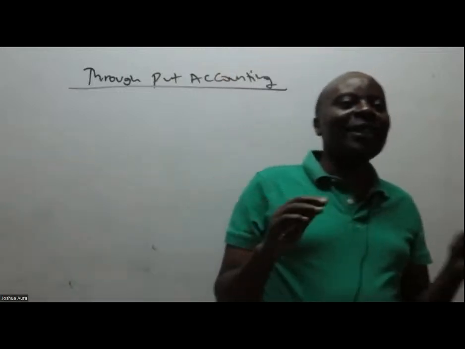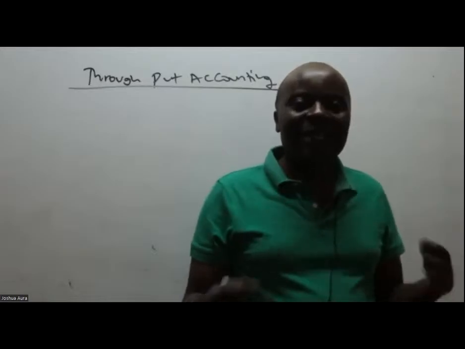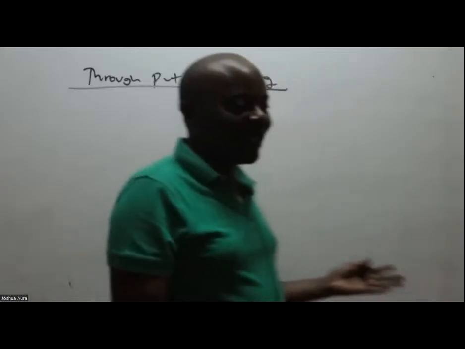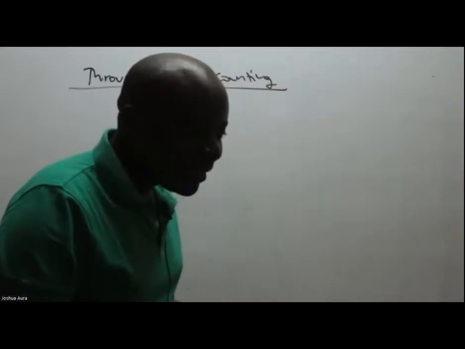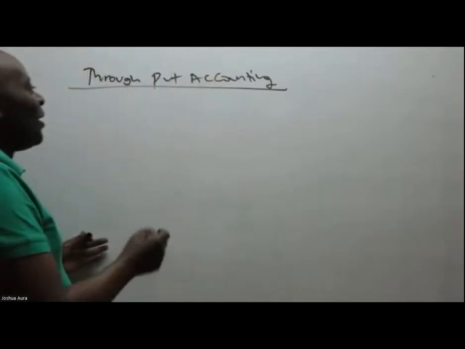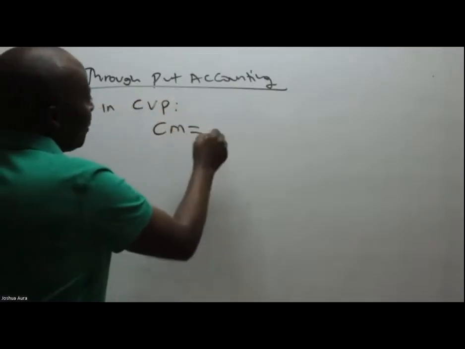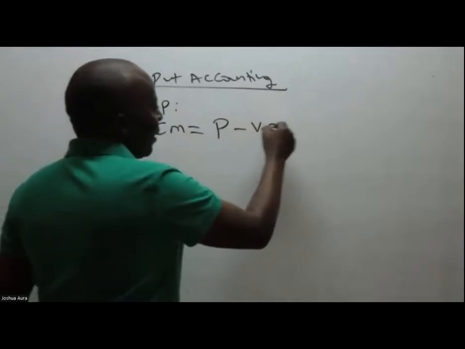Throughput accounting is very similar to what we learn in CVP analysis. Very similar. Remember, in CVP, we normally say that contribution margin is price minus variable cost.